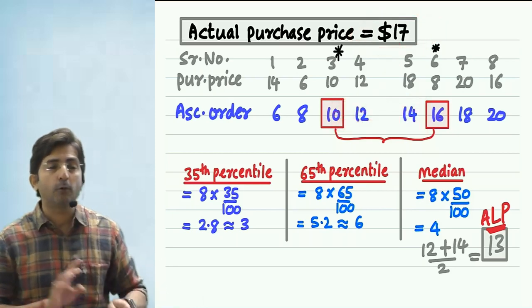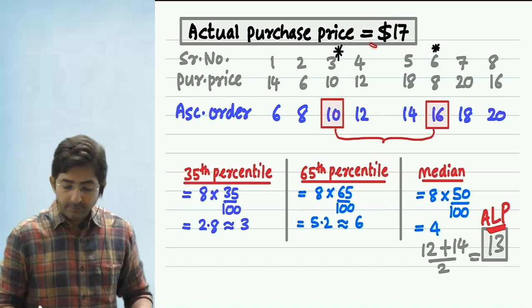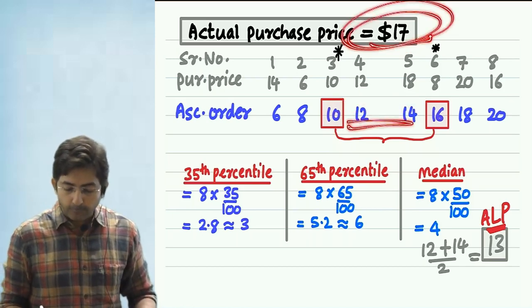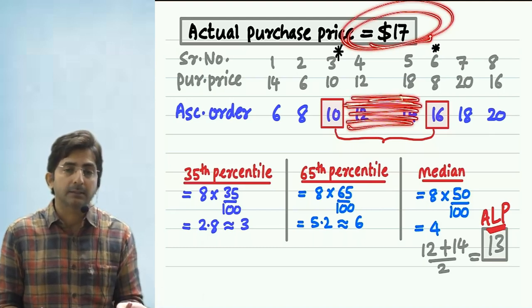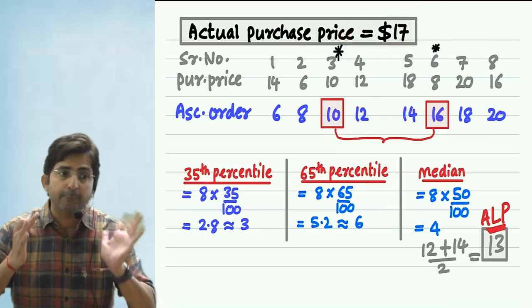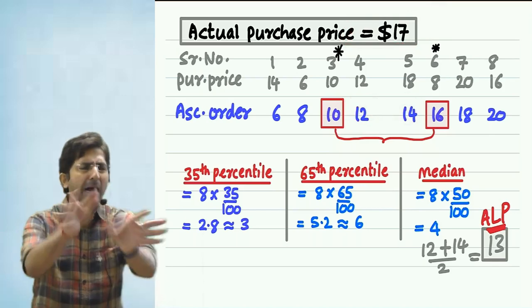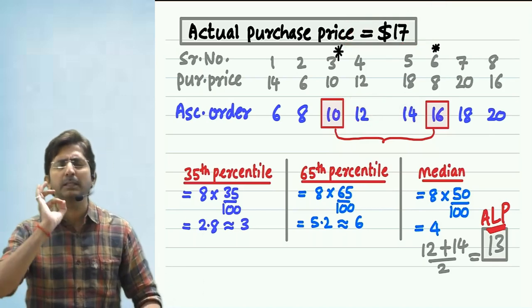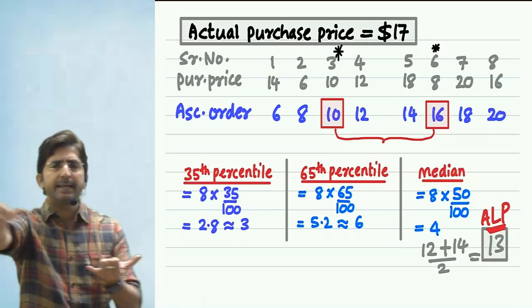See, in the fourth step, what to do? Check. What check? The actual price. If it falls within the range of 10 and 16, it is a proper price. If it doesn't fall, then find the median. All this is step 4. So repeat the 4 steps, at least by heart, then trust me, I will explain the logic of each and everything. Step 1, ascending order.